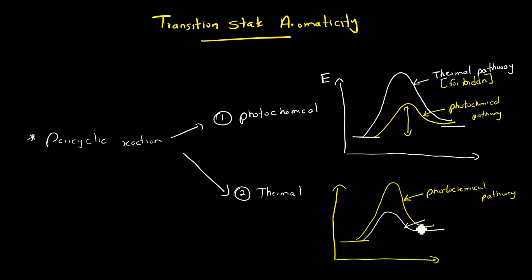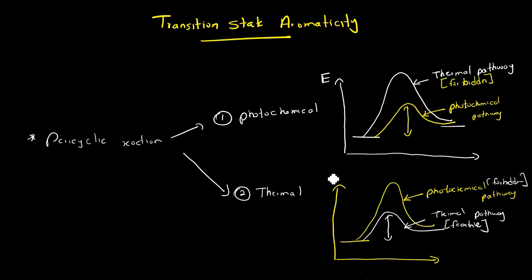So this is the thermal energy. In this case, you will see that the activation energy barrier related to the thermal pathway is relatively smaller, so your reaction undergoes the thermal pathway. So we call these thermal conditions feasible and the photochemical pathway is forbidden in this case, right? So these are the two scenarios.